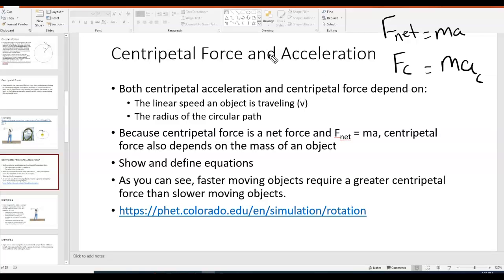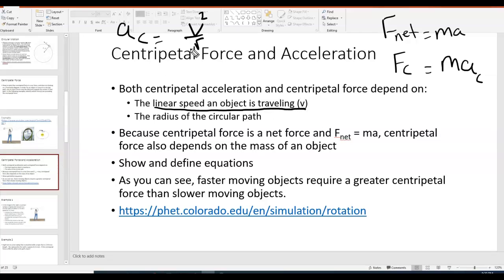Now here is the equation you need to know. Equation number one: the equation for centripetal acceleration is ac equals v squared divided by r, where v represents the speed or velocity of the object, measured in meters per second, just like any velocity.